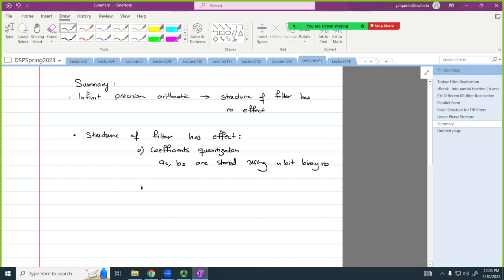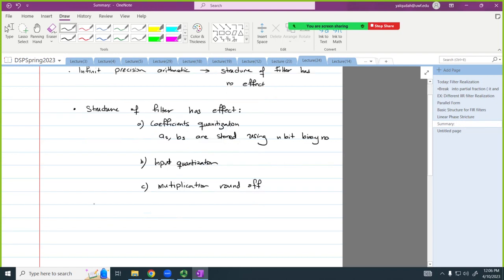Also, when there is input quantization, and when there is a multiplication round off, and we have to do rounding as a result of multiplications.